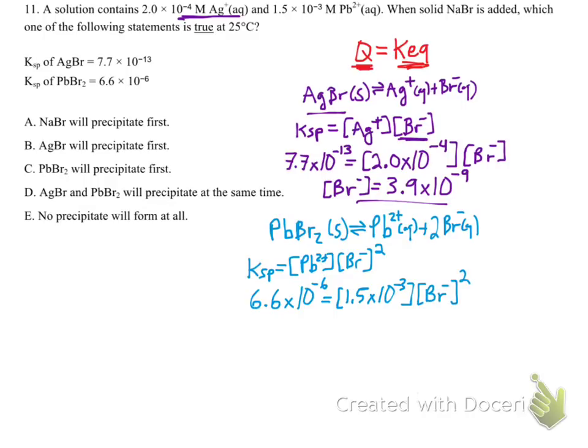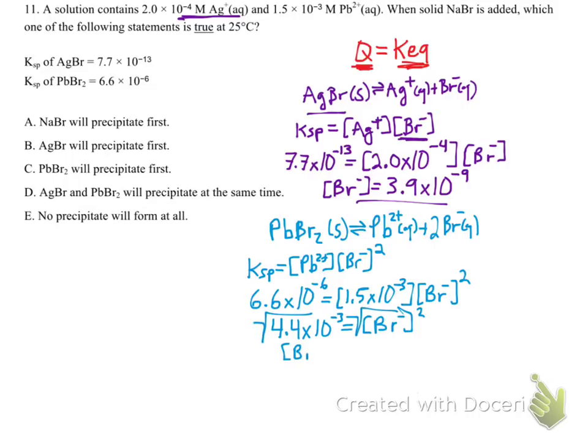So I'm going to divide both sides by the 1.5 times 10 to the negative 3rd. When we do that, we'll end up getting 4.4 times 10 to the negative 3rd is equal to the bromide ion concentration squared. And then we'll take the square root of both sides.